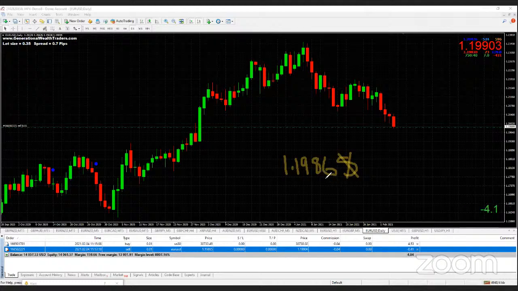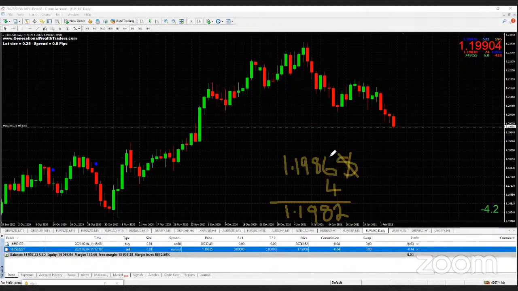So if the price was to go down by 4 pips, it means the price would be $1.982. That's not far off from what we have here. You can see it's not far off because the price has gone down by 4 pips. So that's how you will work it out.